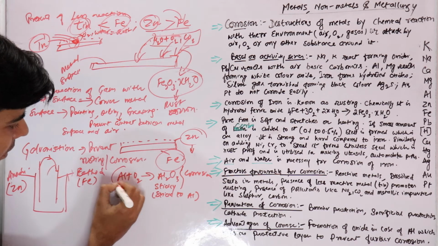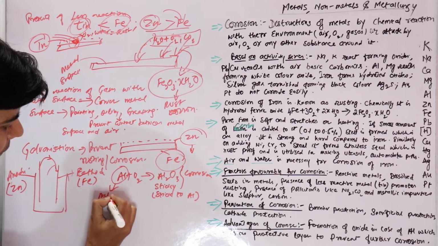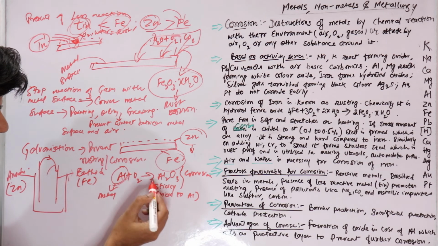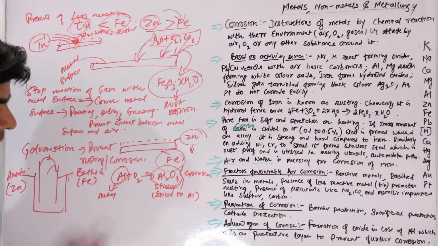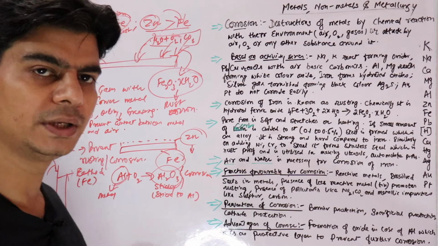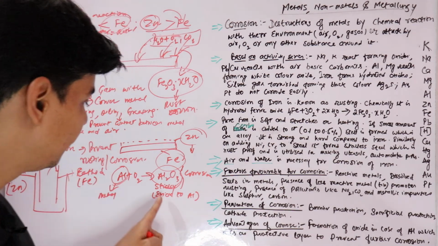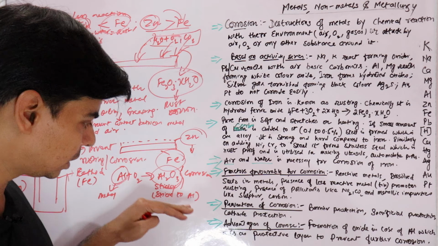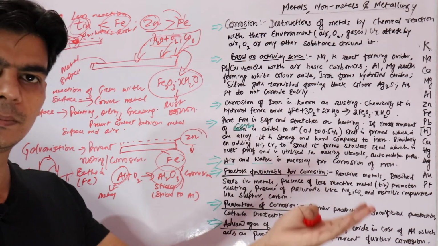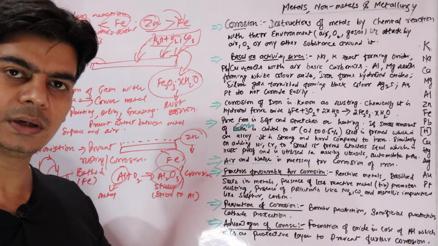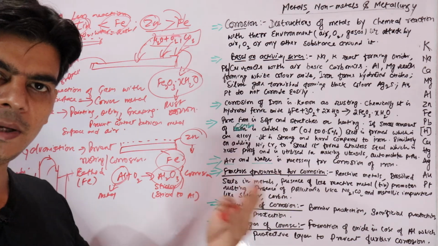Because aluminium was the metal, on this metal surface this reaction occurred, and a layer of aluminium oxide gets formed. This layer of aluminium oxide is sticky. It will stick to the surface of aluminium, and aluminium is no more in contact with air.